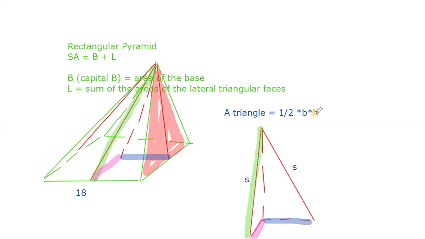This is this. Take this pink side, the one that we're trying to find the area of. There's 4 of these.